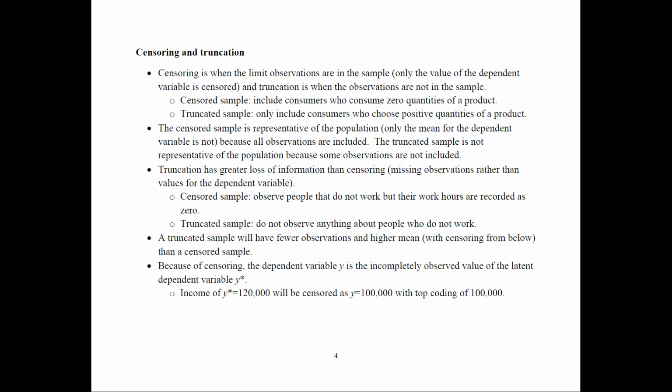So y star would be the dependent variable, an income of 120,000, but you won't observe that. In the data, it will be censored as 100,000. So we need the right kind of models that allow for the fact that you have those limit observations at one end or the other.